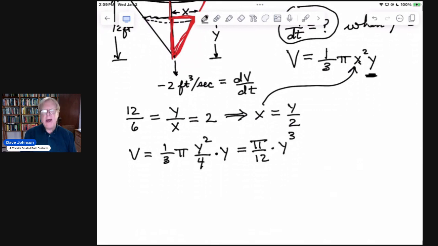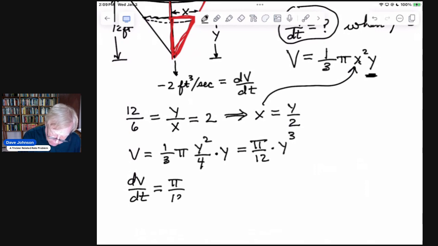Okay, next step is to differentiate both sides with respect to t. So the derivative on the left is going to be dV/dt, and the derivative on the right is going to be pi over 12 times 3y squared dy/dt. Let's go ahead and simplify.